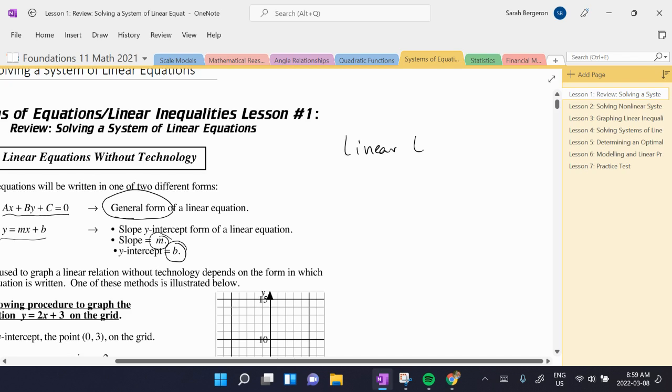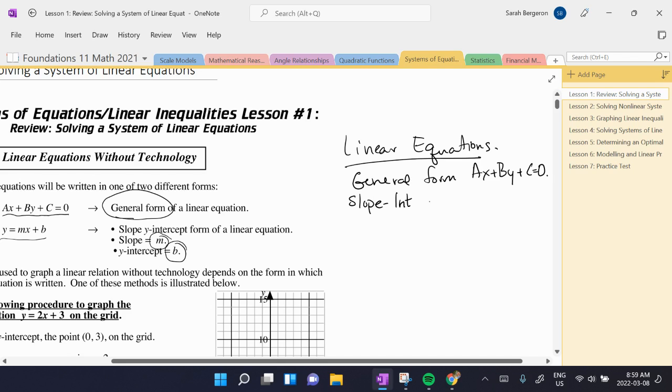Linear equations. General form: Ax plus by plus c equals 0. Slope-intercept: y equals mx plus b.